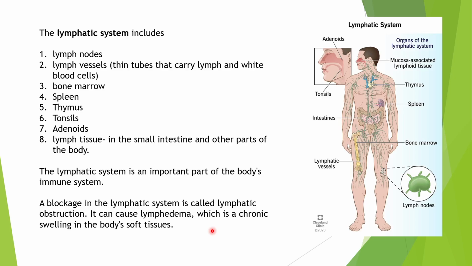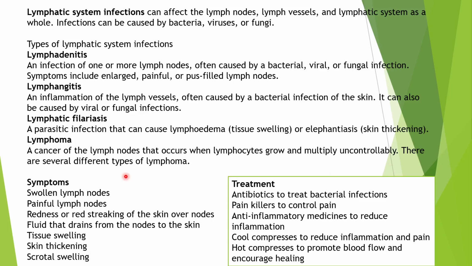This lymphedema can be very serious because it is involved in your immune system. If there is no free flow of lymph, your immune regulation will also be disrupted, and this can lead to several chronic conditions. If there is any such thing, you should immediately consult a physician. Lymphatic system infections can affect the lymph nodes, lymph vessels, and the lymphatic system as a whole.